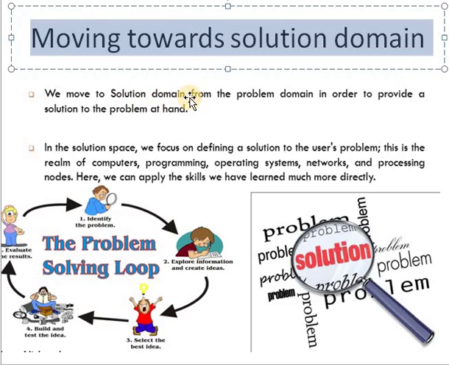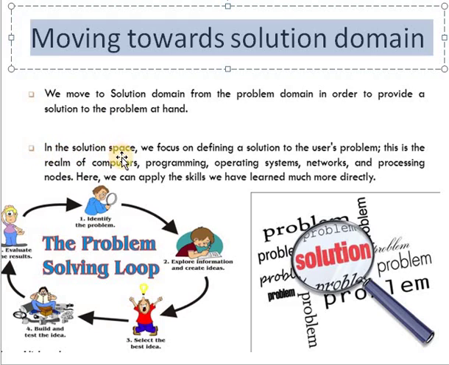We move to the solution domain from the problem domain in order to provide a solution to the problem at hand. So the first step is basically to understand the problem domain or the needs of the user. The next step will be, we will move towards the solution domain in order to provide a solution for that particular problem defined by the user.